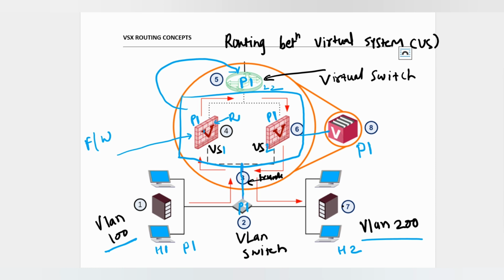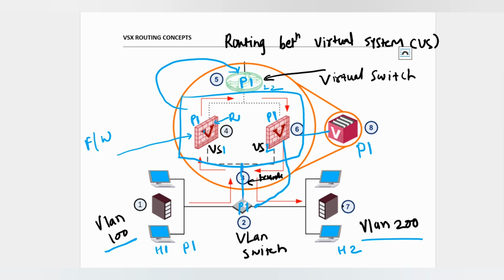Now the virtual system inspects the traffic according to its security policy, does all the firewalling work, and again inserts a VLAN tag and sends it back to the VLAN switch. So from here all the traffic processing happens, the VLAN tag gets inserted, and then this virtual system sends the packet back to the VLAN switch.